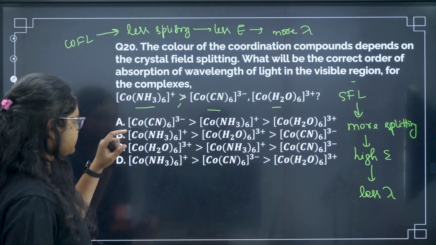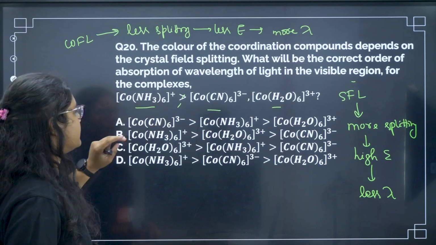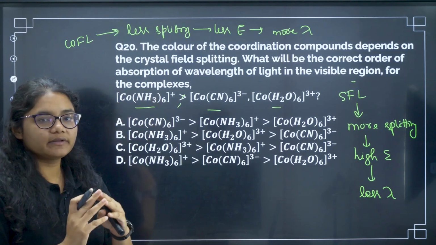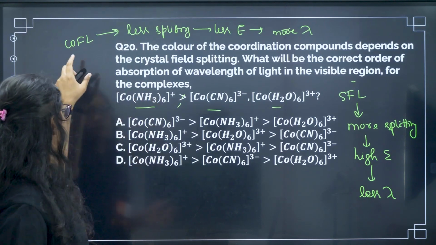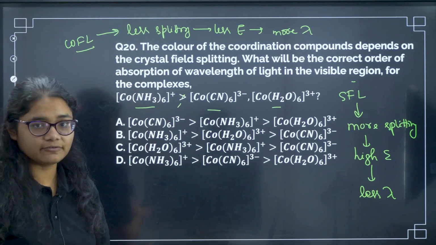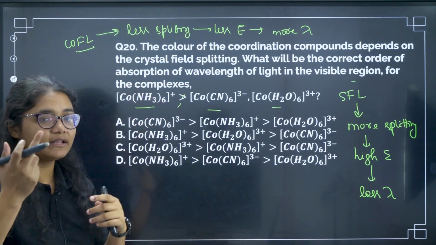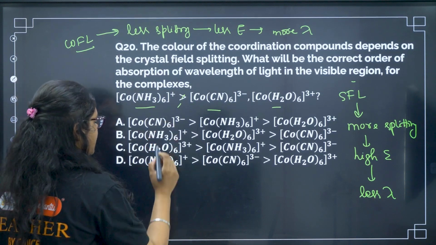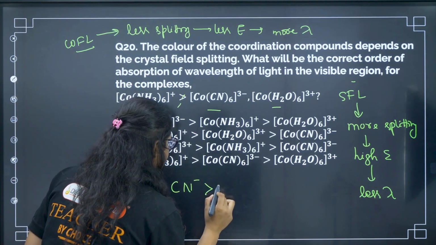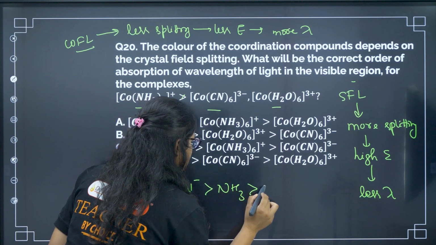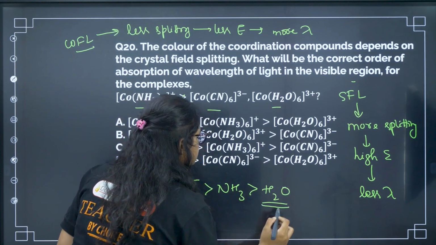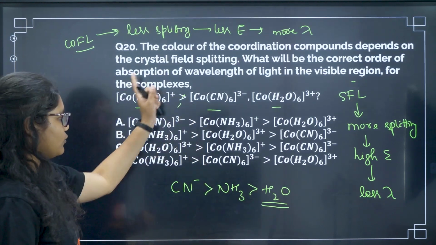So now what we have to do is arrange in the order. Which one will be absorbing the maximum wavelength? Where the ligand is a weak field ligand, their splitting will be less, energy required will be less, so the wavelength will be maximum. So if you compare, the ligand strength is like this. Water is the weakest ligand out of these three, right?